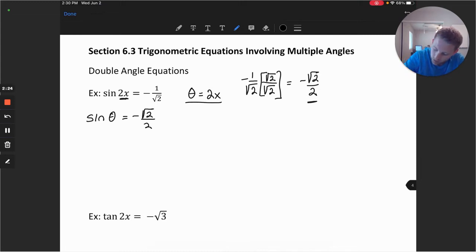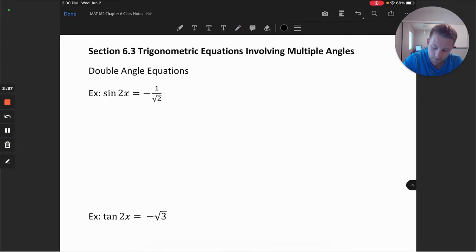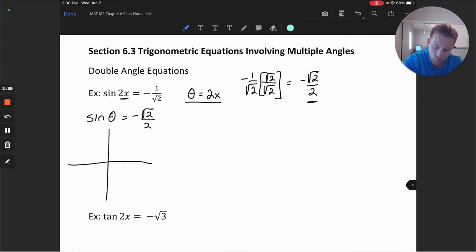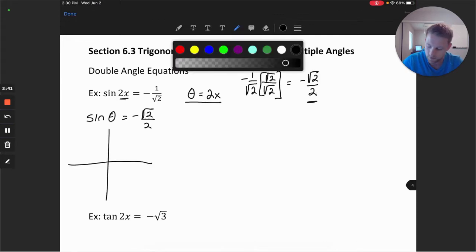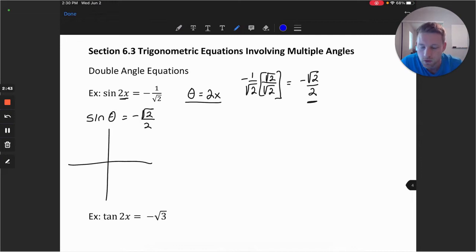This ratio comes up in a few places for us, namely where the sine function is negative. So we would find this side ratio in the third and the fourth quadrant. If I consider negative square root of 2 over 2, this is really going to form a 45 degree or a pi over 4 as the reference angle.